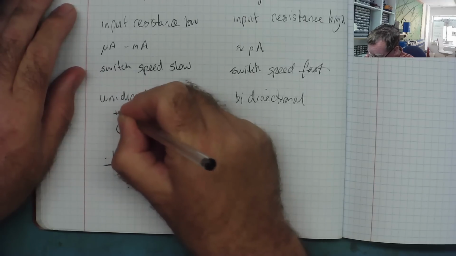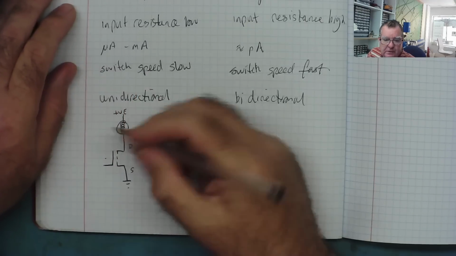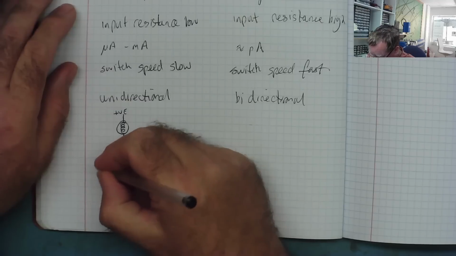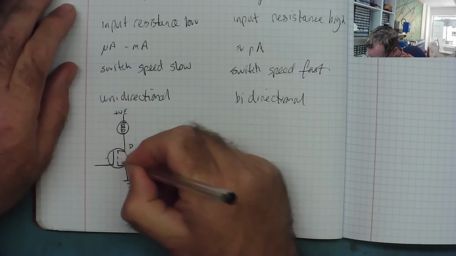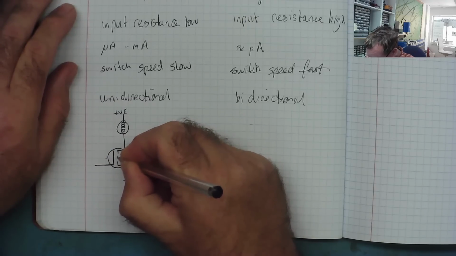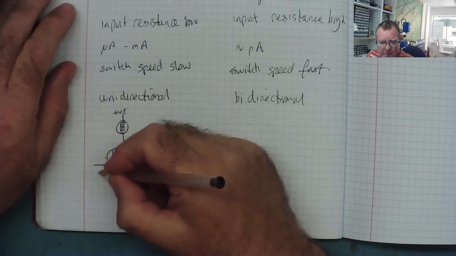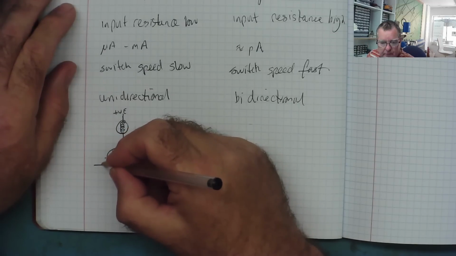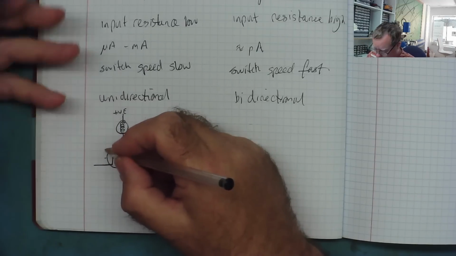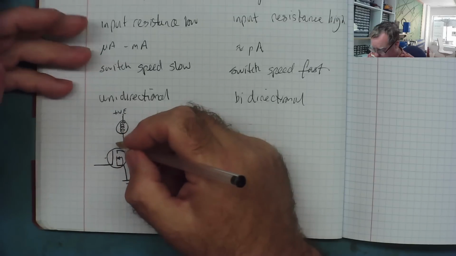And this to a positive supply. To switch the MOSFET on, I'll just complete the symbol. I won't be lazy today. There we go. Okay. So to switch the MOSFET on, we need to apply a positive voltage to here, and this could be 3 volts, 4 volts, something in that region.